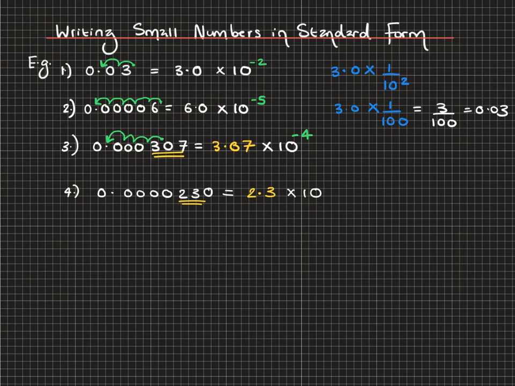And if I put in this imaginary decimal point here, that 0 at the end of the number doesn't really have any effect. So 1, 2, 3, 4, 5 times 10 to the negative 5. If you wanted to, you could write this as 2.30 times 10 to the negative 5, but again, that 0 at the end doesn't really give you much additional information.